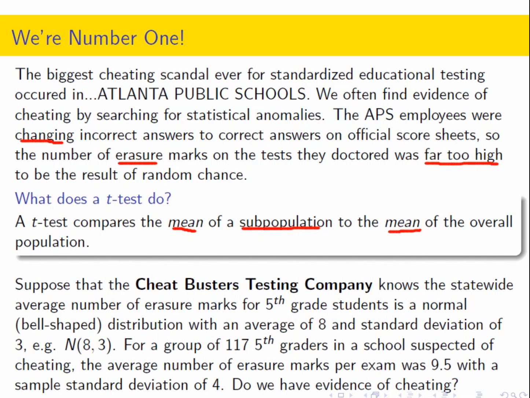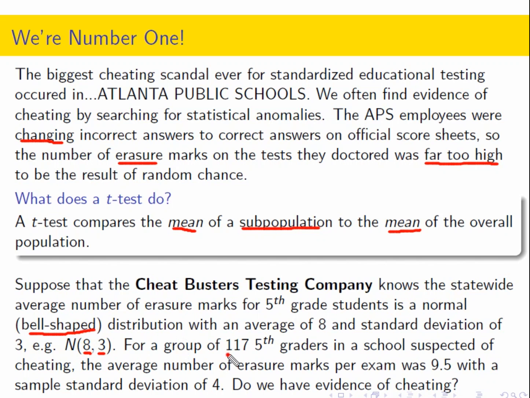So suppose we have this Cheat Busters testing company, and for the entire state of Georgia, they know that the average number of erasure marks for 5th grade students is bell-shaped and has an average of 8 and a standard deviation of 3. Now I've made up these numbers based loosely on the data about what happened. But you'll get the idea of how they caught these cheaters and why the evidence was so powerful against them.